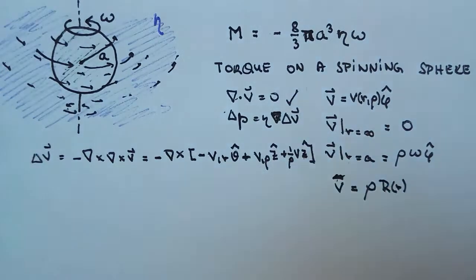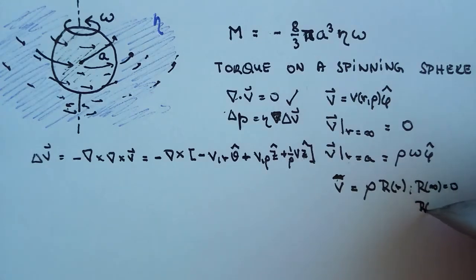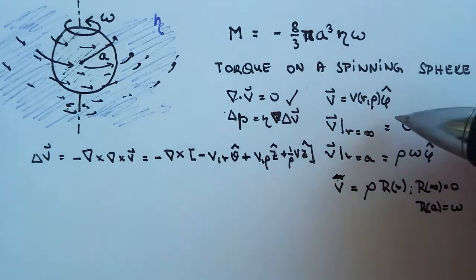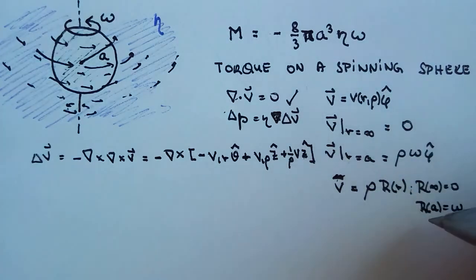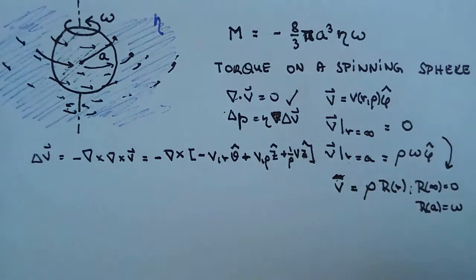And for r equal to infinity, if the function vanishes, the second condition is also satisfied. So the first condition is the function at infinity is 0, and the second is the function at a is equal to omega.